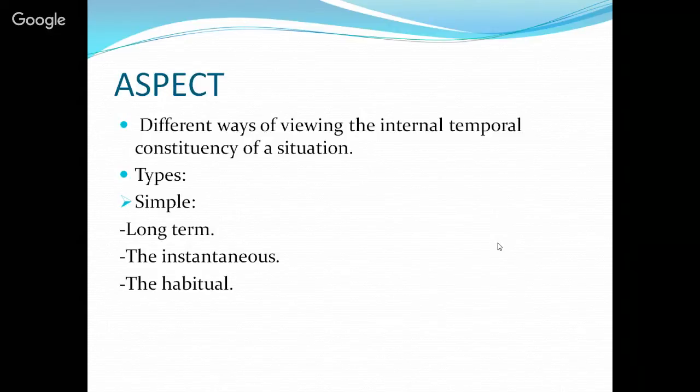So for aspect, we can have different types: simple, continuous, perfect, as well as a combination of perfect and continuous to make perfect continuous. And also we can have long term, instantaneous, and habitual.